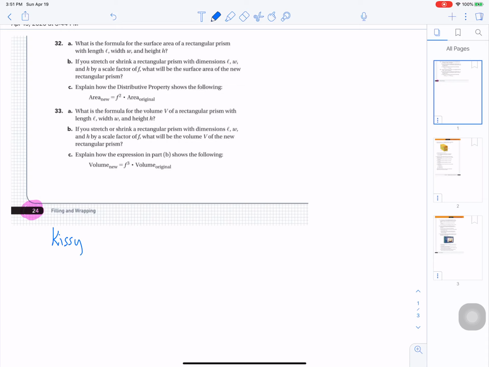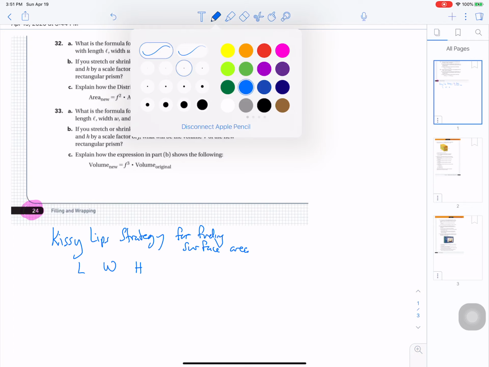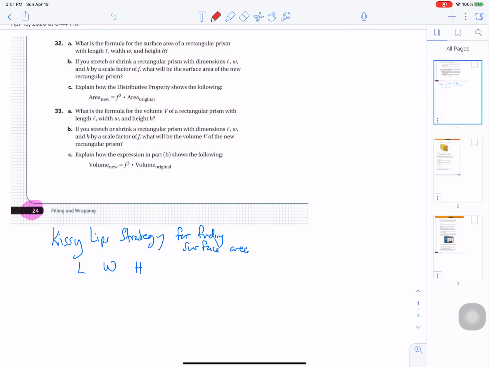We may have talked about this last year, but the kissy lip strategy. Basically, you have the length, the width, and the height, and this is the strategy for finding surface area. You put your length, your width, your height there.